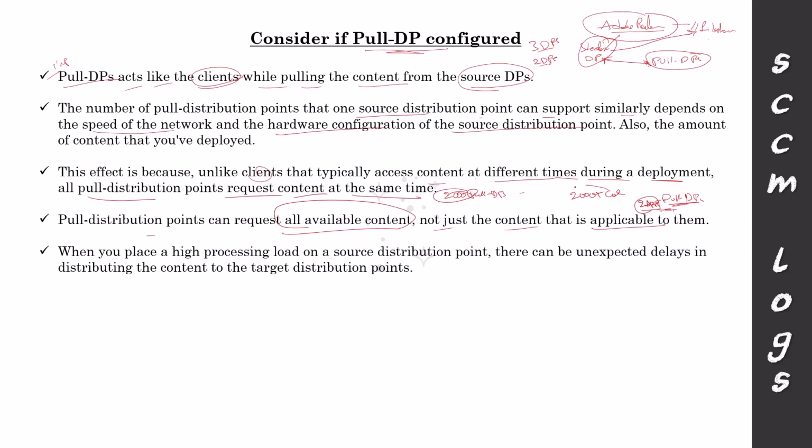It will take all 2000 applications in the content library. This is the main thing you need to consider. When you place a high processing load on the source DP, there can be unexpected delays in distributing the content to the large number of target distribution points. Obviously, because the entire content will be gathered by the full DPs at the same time, there will definitely be a delay in the distribution. I hope you got this point.